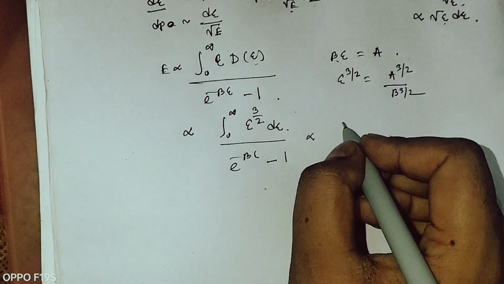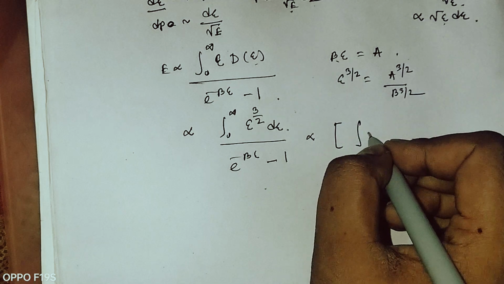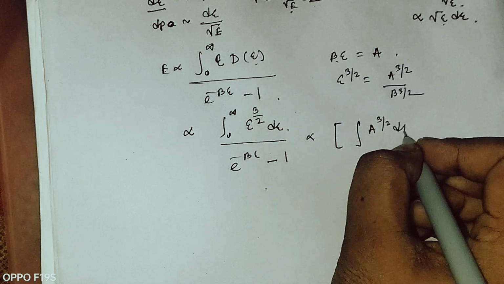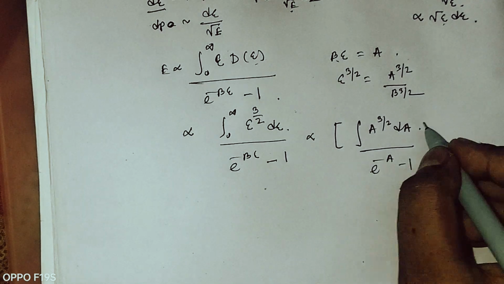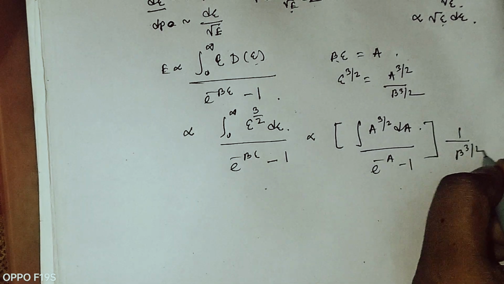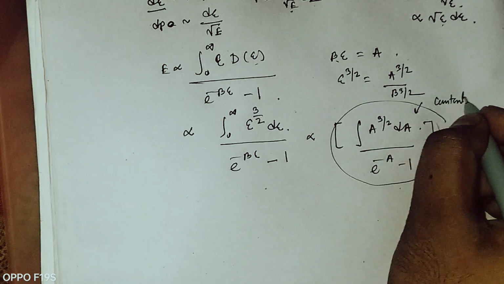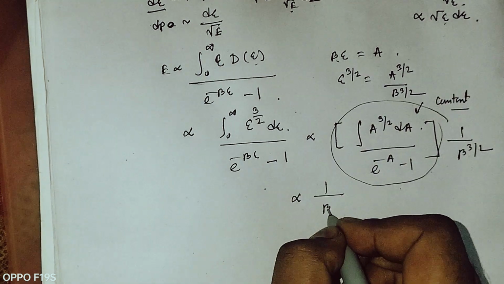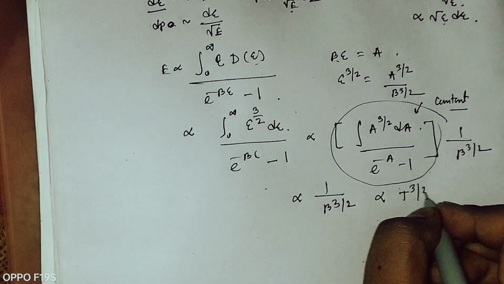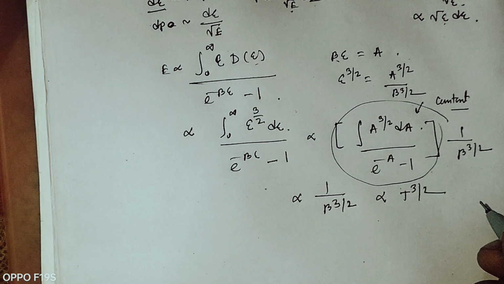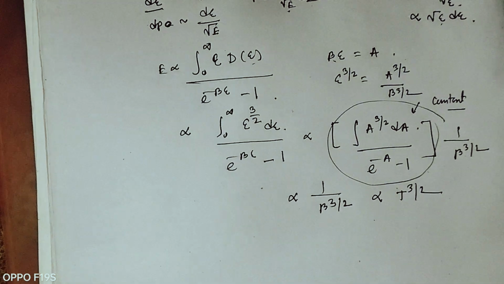So you will get a to the power 3 by 2 da by e to the power a minus 1, and this 1 by beta whole to the power 5 by 2, and you know this whole integral is constant. So I can write 1 by beta to the power and beta equal to 1 by kt, so U varies as T to the power. This is the answer.